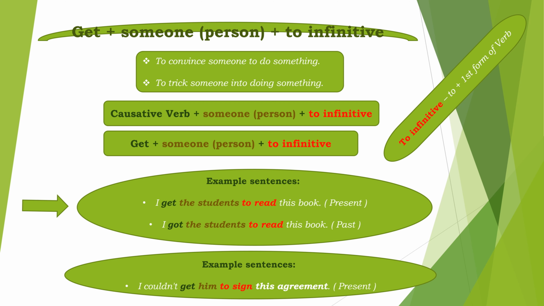It is in the past form. Let me tell you that these causative verbs can be used in any tense. It can be used in present, past, it can be used in continuous, it can be used in a future tense. But due to shortage of time, I'm giving you just two examples, present and past.